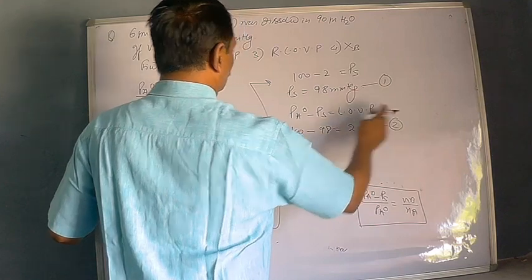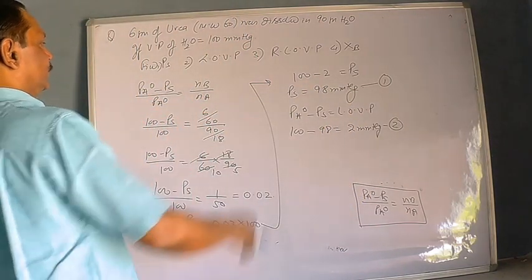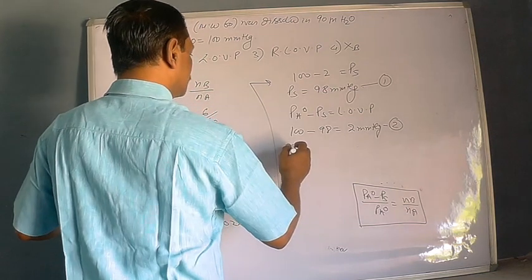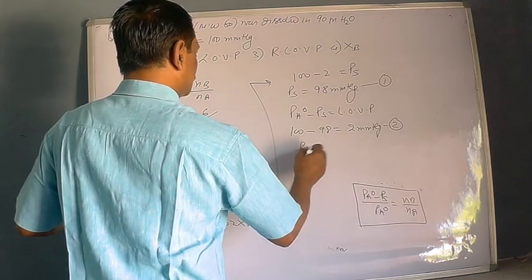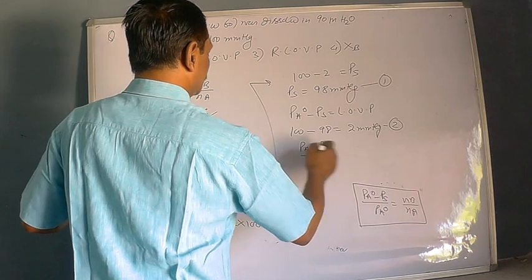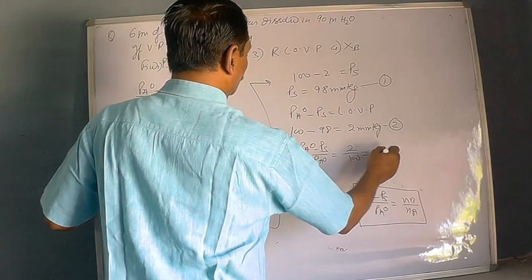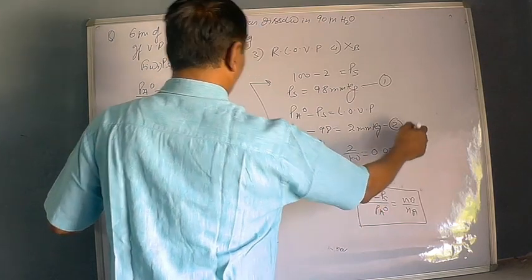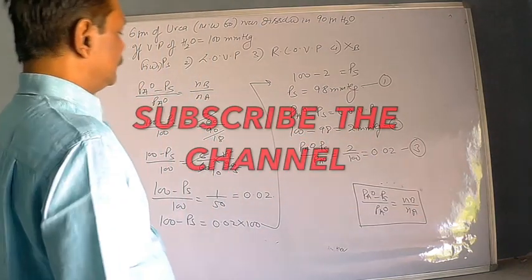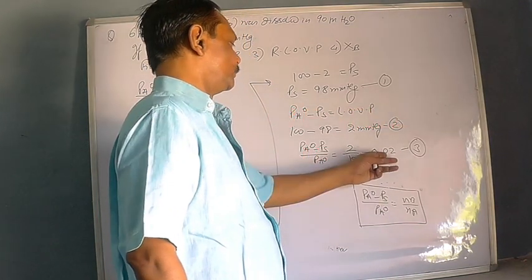I've already told you, never interchange the units of pressure. Then third was RLOVP. We know that PA0 minus PS upon PA0 gives you RLOVP. So this was 2 upon 100. That gives you 0.02. This was answer number 3. And class, we have calculated the value PA0 minus PS upon PA0 equal to 0.02.